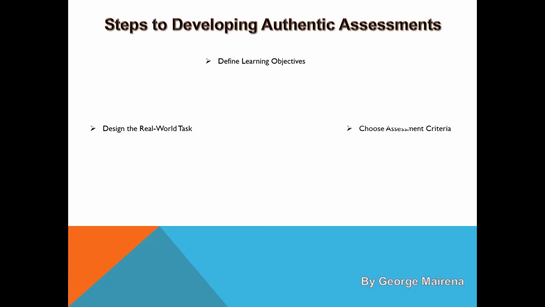Okay, good. Let's see step number 3. Choose assessment criteria. What do you think about it? Choose the elements that you will assess in the assignment, or have a clear idea of what you would like to evaluate. Yes, you're right. Simple assessment criteria can also be defined as a statement that we use to evaluate a student's performance.